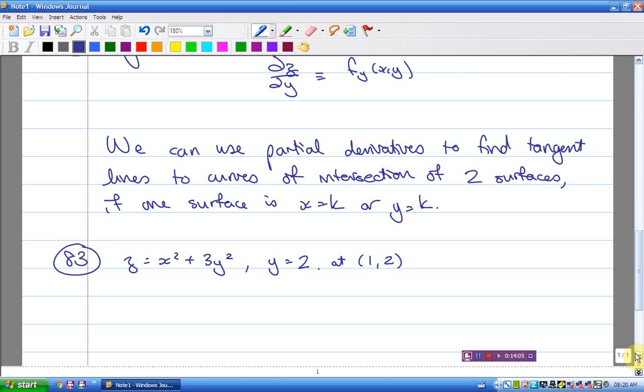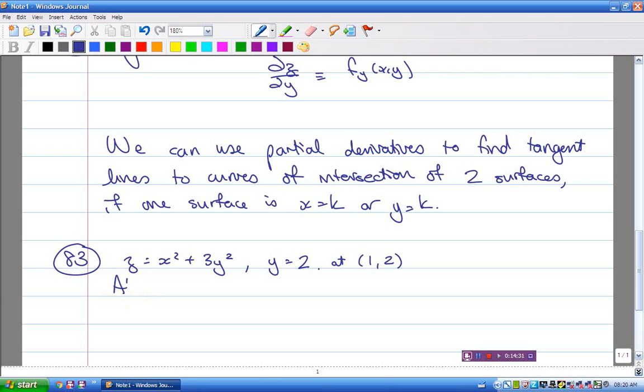So do you still have to use the curly D rather than the ordinary D? I'd still be inclined to use the curly D because fundamentally we're still dealing with a function of two variables. But yeah, that's an interesting way of looking at it. Now in this context, still use the curly D. That made me think. I like questions that make me think.